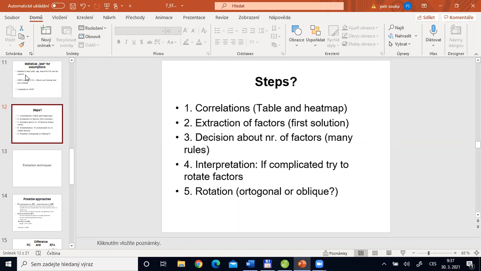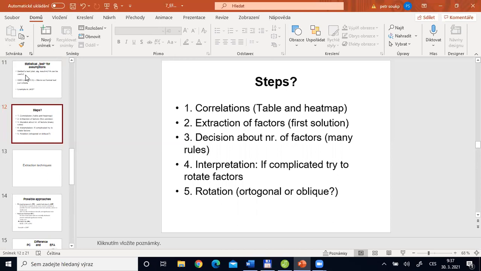You can use a correlation table, but maybe a better output in JASP is a heat map, and you can recognize the patterns. Then the next step, which is not described here but also quite good, is to use KMO and Bartlett test to discover whether variables are related enough.